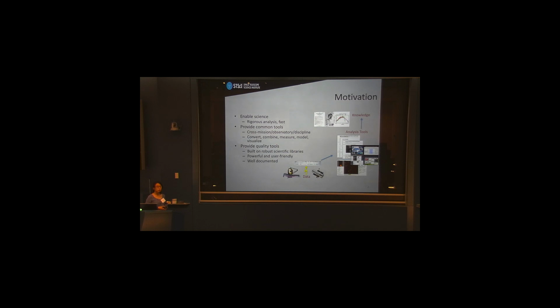So to avoid duplicating effort in the field, like you don't have to all write your own, say, image combination function. And we are trying to also provide quality tools, so not only to minimize code duplication, but also document it so you know how to use them, write some tests so you know if they are working fine, trying to be user-friendly so you don't like cry when you use them.